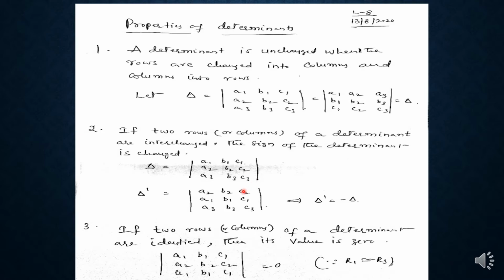Now I want to interchange these rows, the second row and first row, and the third row stays. Then the value of this determinant, delta dash, is equal to minus delta.